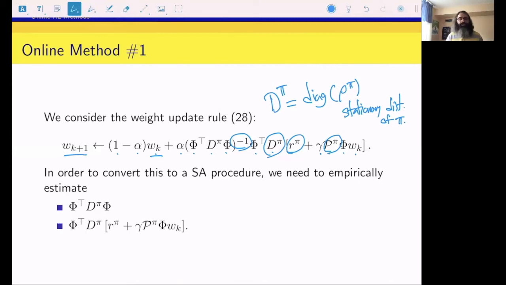So now what we want to do is make an online method out of this, in the form of a stochastic approximation procedure. In order to do it, we essentially need to find a way to estimate these quantities: first phi transpose D_pi phi, and then the second term.